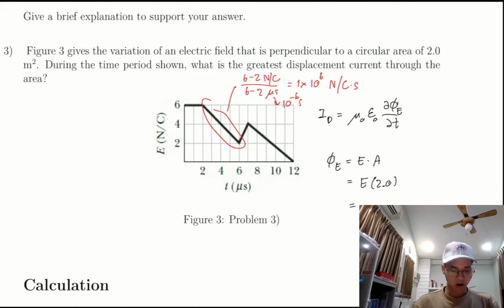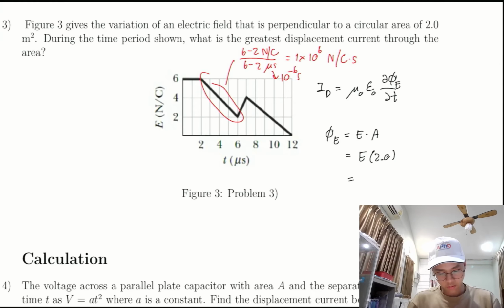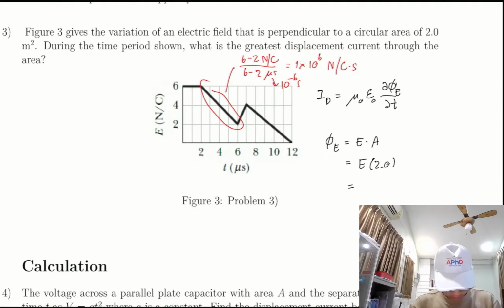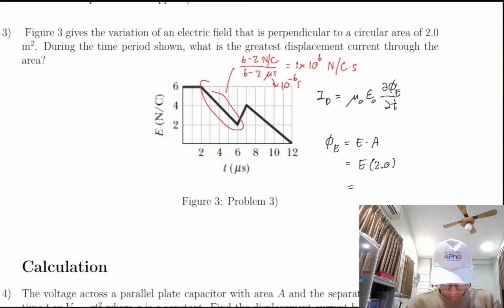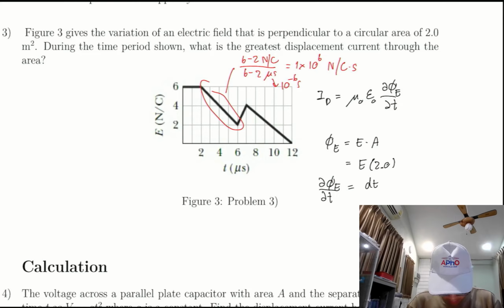So be careful of significant figures. So it is only one. Okay, we got that. The rate of change of electric flux is dE by dt times 2.0. The highest one is 1 times 10 to the 6, right?